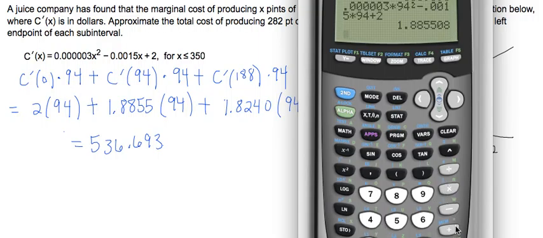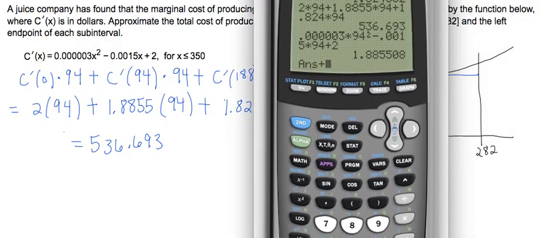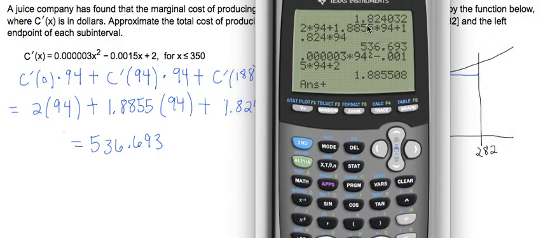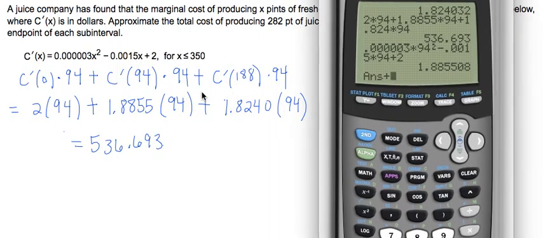So I'm going to re-enter this answer to as many decimals as I can, add 2, and then multiply the sum of all 3 times 94. I'm effectively going to factor out this 94.